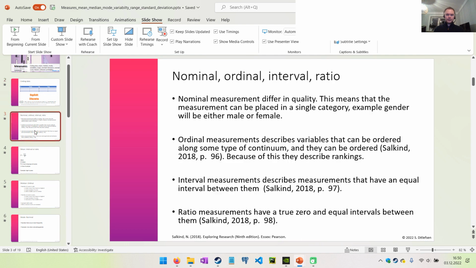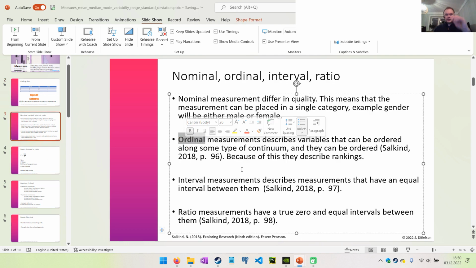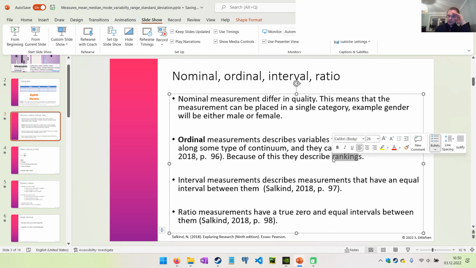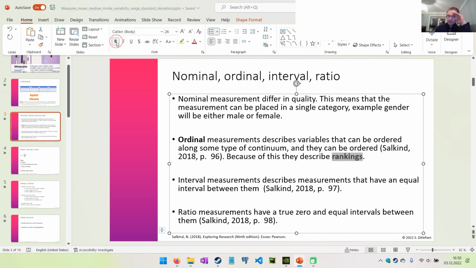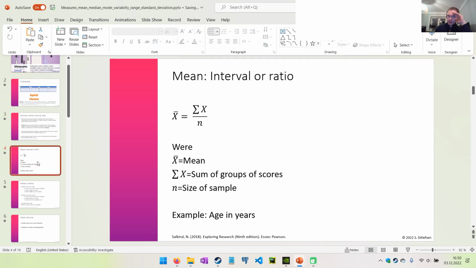Well, if we look here, ordinal describes variables that can be ordered. Ordinal, ordered. They describe ranking. Okay, so we know ordinal data is something ranking.